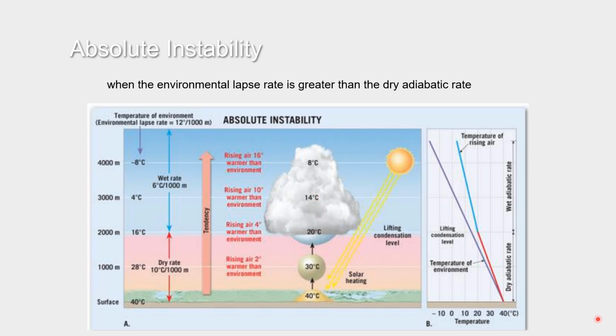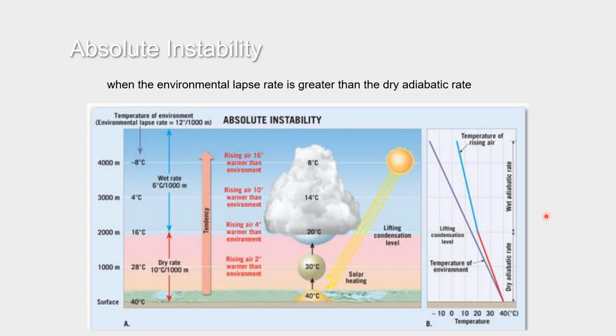It's 40 degrees Celsius here, and the result is a steep environmental lapse rate, and it makes the atmosphere unstable because there's too much heat from the sun.